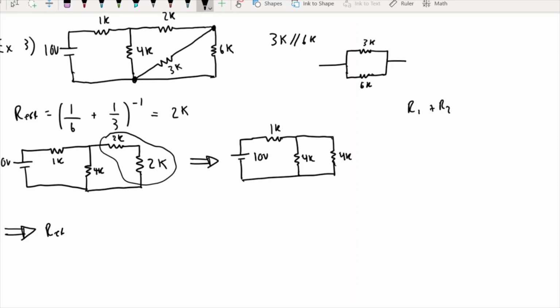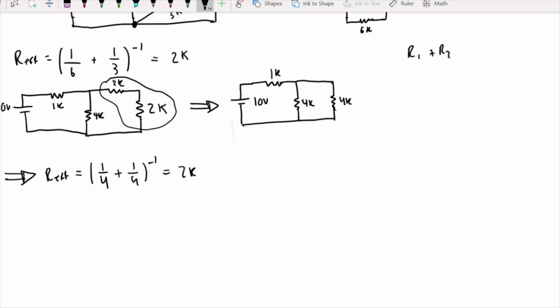We just go back to our formula: 1 over R1 plus 1 over R2, all raised to the negative 1. So we have 1 over 4 plus 1 over 4, raised to the negative 1, and that's going to be equal to 2K. And we're going to redraw the circuit again.